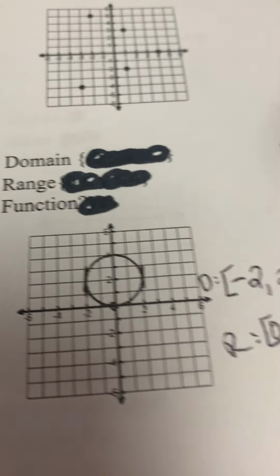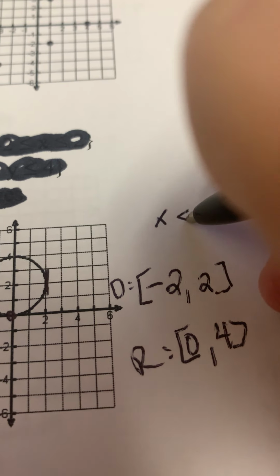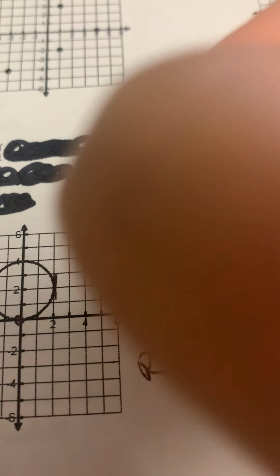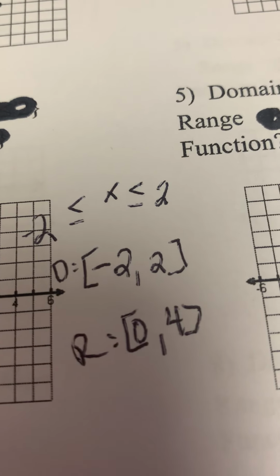Okay. And again, if you were to write this as an inequality, you would say x has to be less than or equal to 2, but greater than or equal to -2. Okay, and the same thing, y has to be less than or equal to 4, but greater than or equal to 0.